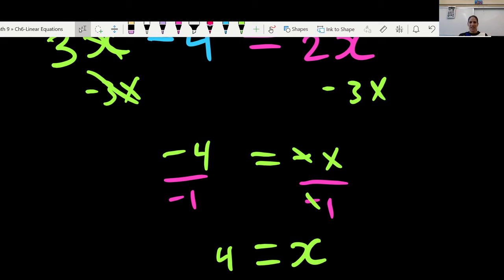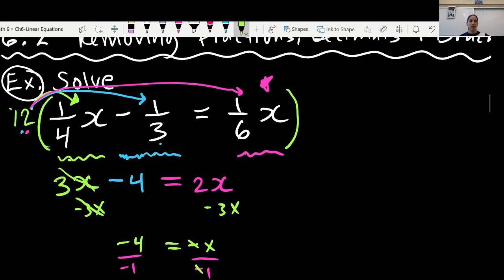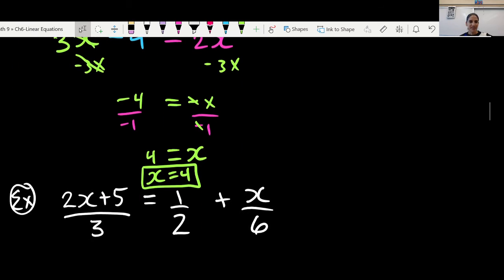And just as a habit, I like to reverse these, which we are allowed to do, because I didn't actually change the answer at all. After all that work, we can say that our answer simplifies to x equals 4. You can see the whole step-by-step process that's listed there. So that's how we get rid of fractions.